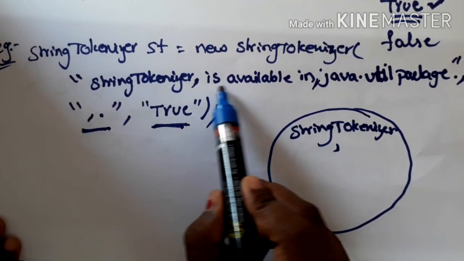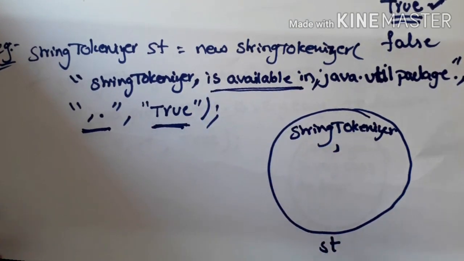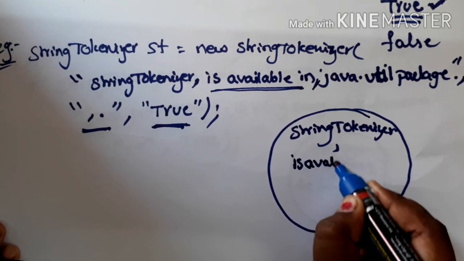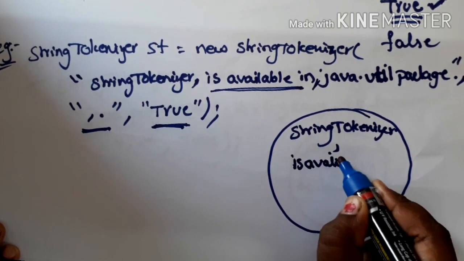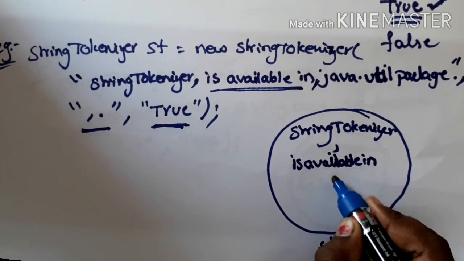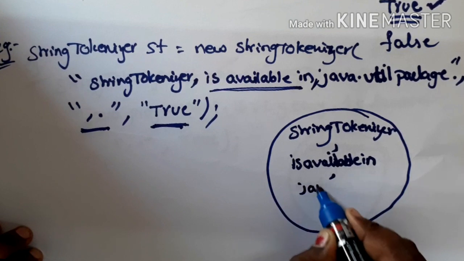Next, "is available in" will be a separate token. Next, comma. Next, Java is a token.